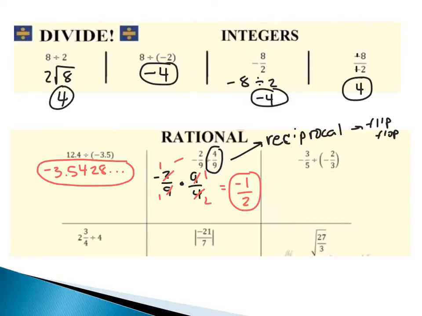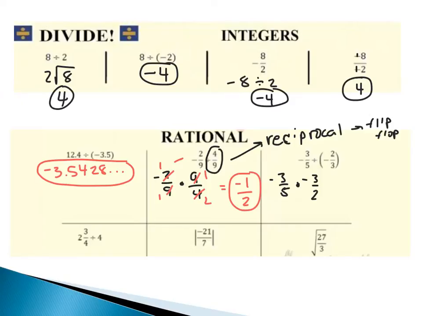Same idea. We have negative 3/5 divided by negative 2/3. Again, we're dividing fractions, so I'm going to take negative 3/5, and instead I'm going to multiply by the reciprocal, which is going to be 3/2, but the question is, what do we do with the negative? Well, the negative stays with it. The reciprocal only means that we flip the fraction.